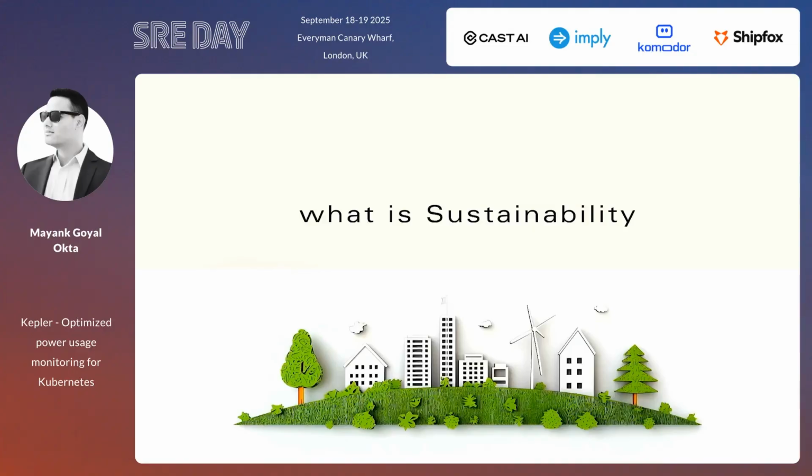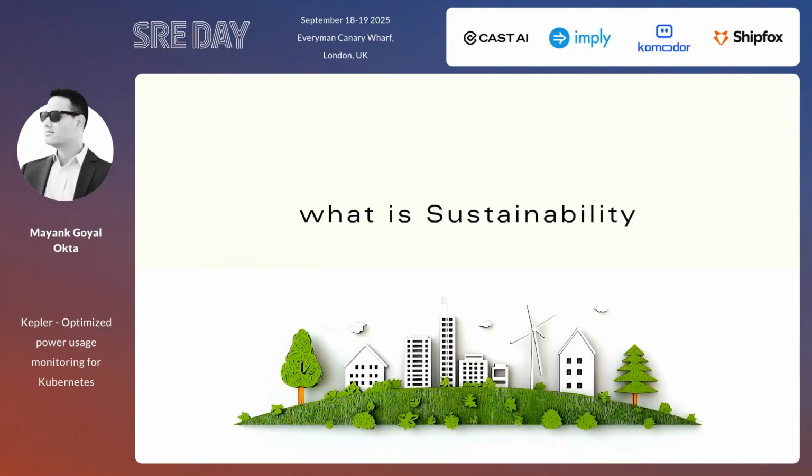So what is sustainability? As you might know, there are multiple definitions. Sustainability is creating products and technology which do not deplete our natural resources. I can give you a real quick example with data centers. The data centers around the world consume around 2 to 3% of the global electricity, which is huge.